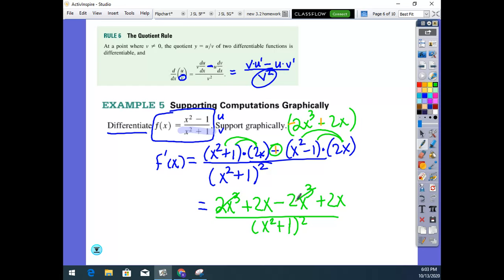So my 2x to the thirds end up canceling. So I have 4x over x squared plus 1 squared. So the derivative for this function is 4x over the quantity x squared plus 1 squared.